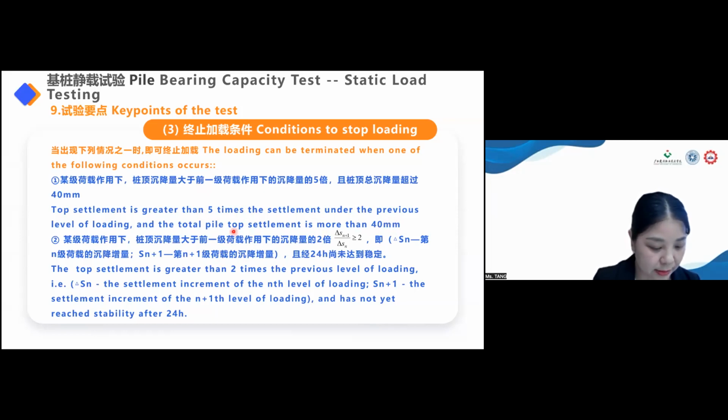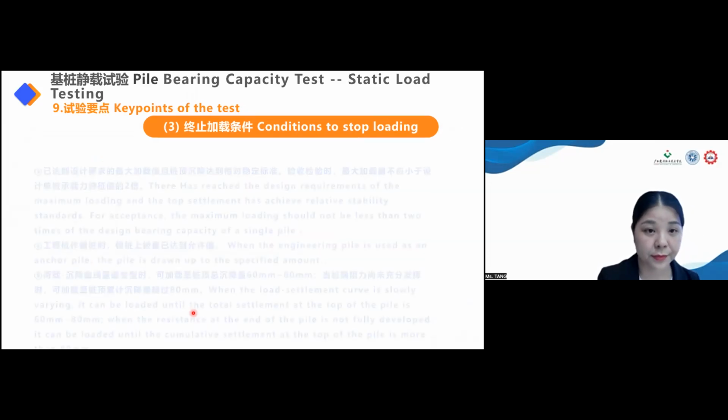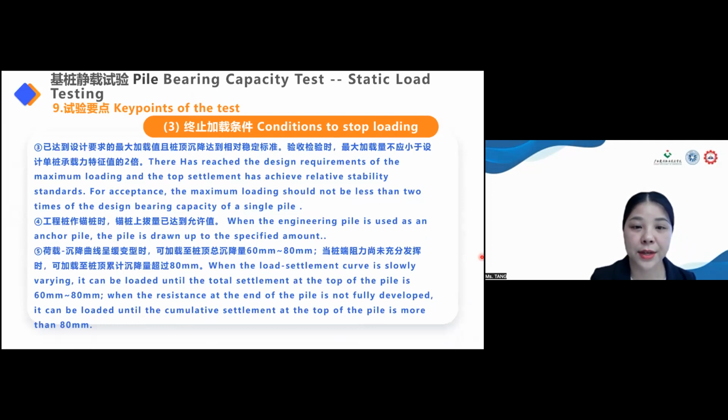2. Under a certain load grade, the settlement of the pile top is 2 times larger than that under the previous load and has not reached stability after 24 hours. 3. It has reached the design requirements of the maximum loading, and the pile top settlement has achieved relative stability standards.